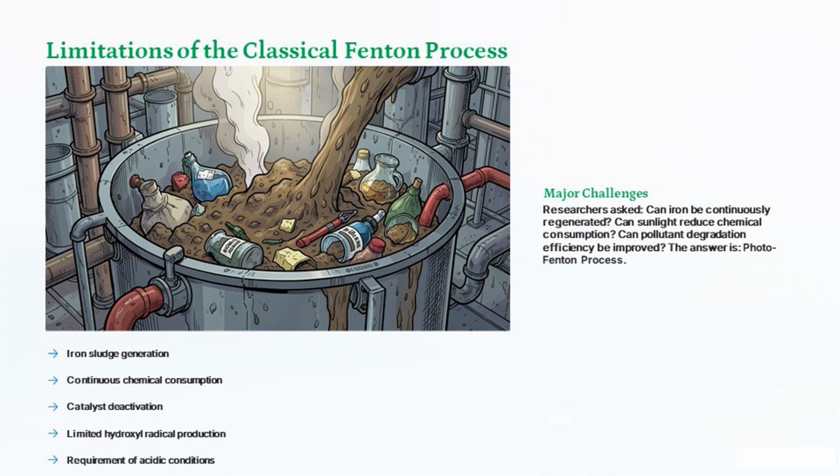Another limitation is that hydroxyl radical production decreases as the ferrous ion is consumed. Finally, the process usually works best under acidic conditions, typically between pH of 2.5 to 3. These challenges encourage scientists to search for a more sustainable and efficient alternative. That's where Photo-Fenton technology comes into picture.